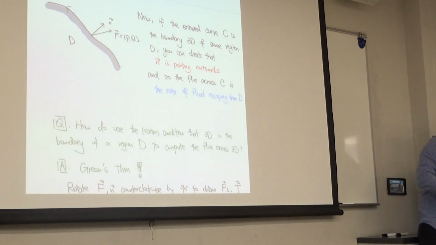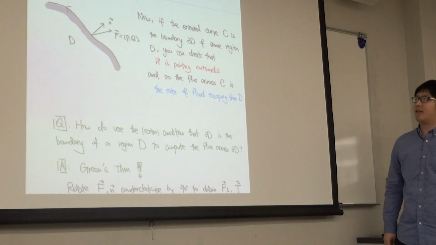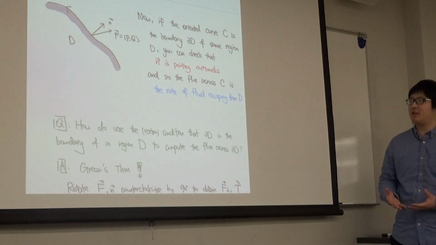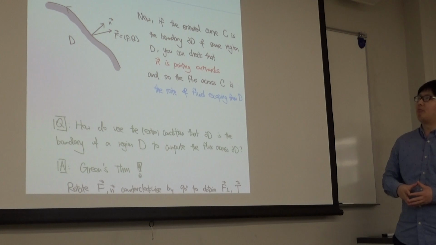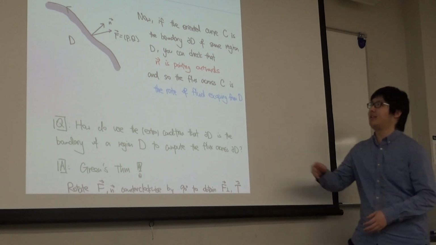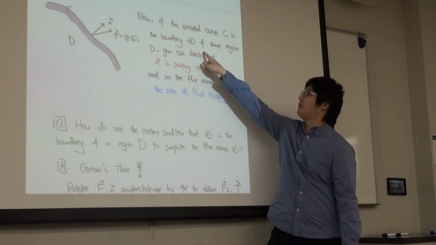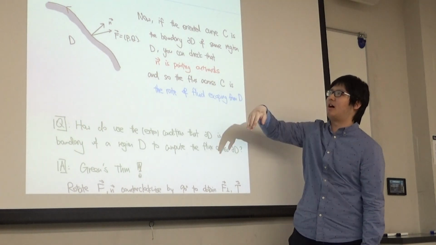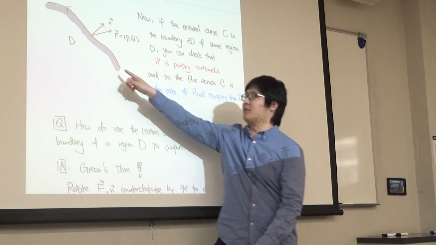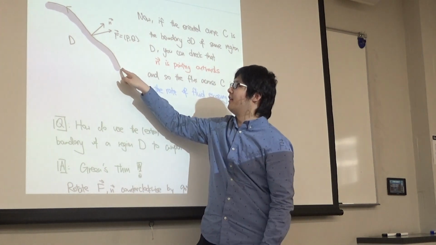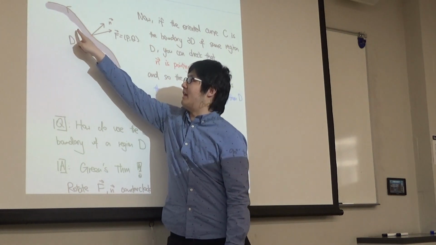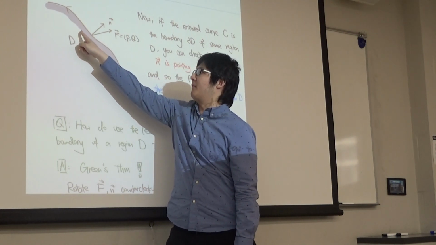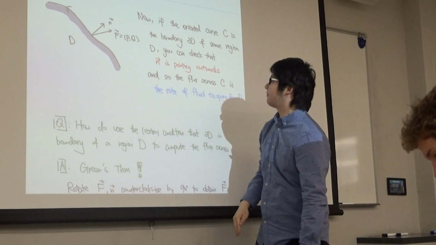And now we have been discussing a lot about surfaces, about the region in R2. What we're interested in here is what if C is the boundary of the region D? So the curve is a boundary of some region. Imagine that we have a curve here, and another region which the curve is bounding.